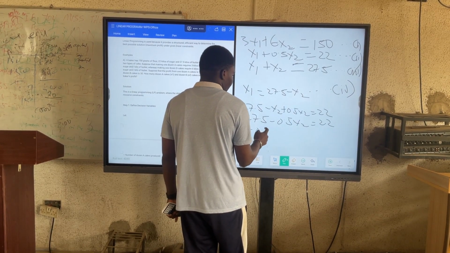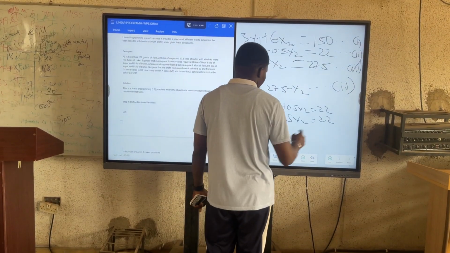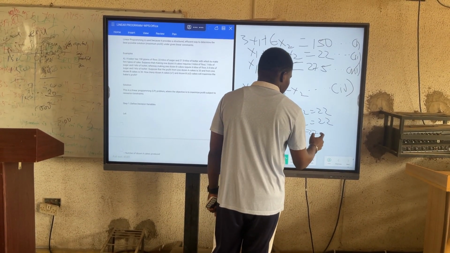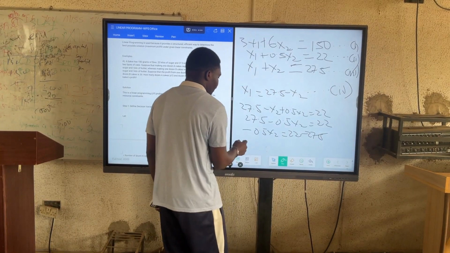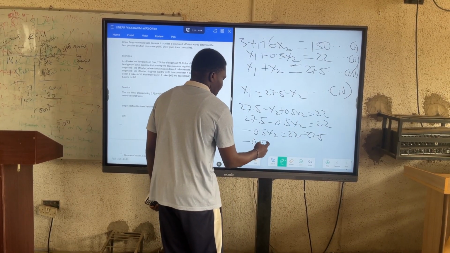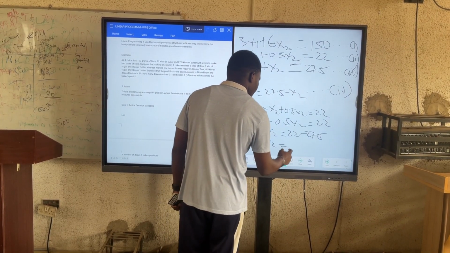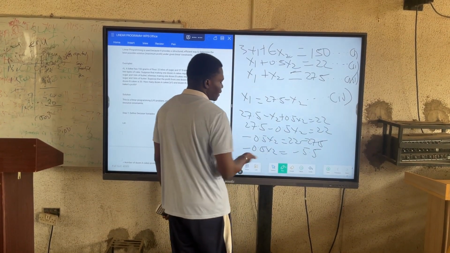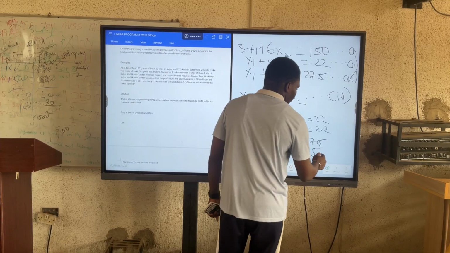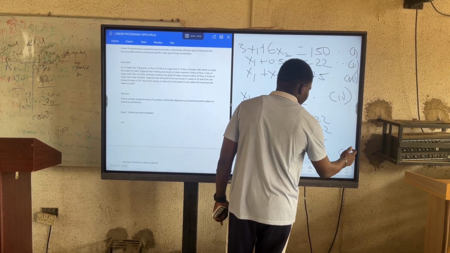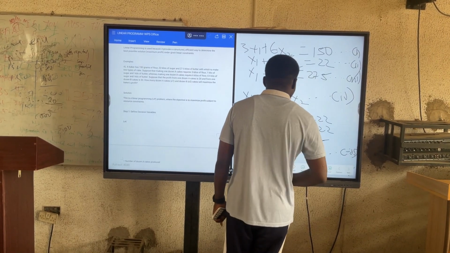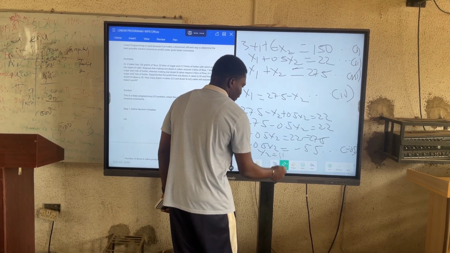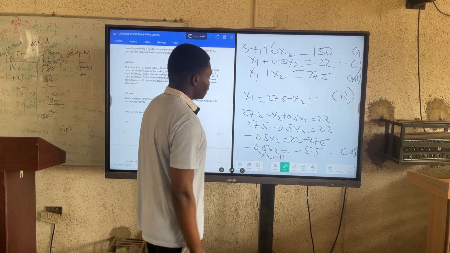Minus 0.5x2 equals 22 minus 27.5, that is minus 5.5. Now I'm going to divide both sides by minus 0.5. That will give you x2, which is 11.